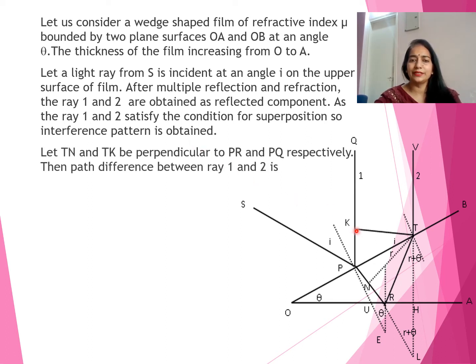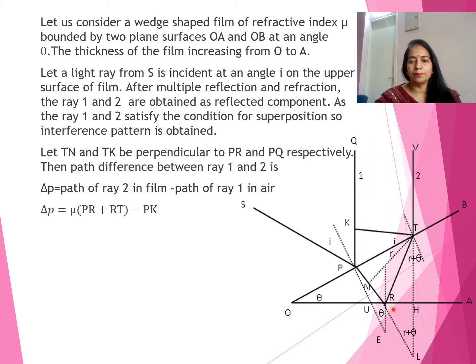Let TM and TK be the perpendiculars on PR and PQ respectively. The path difference between ray 1 and 2 is the path of ray in film and path of ray in air, that is PR plus RT into mu minus PK, or PR can be written as PN plus NR.